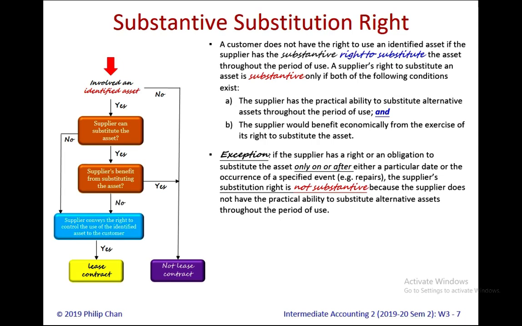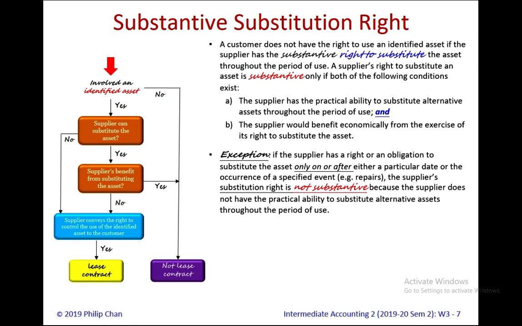Not substantive at all, because the supplier does not have the practical ability to substitute an alternative asset throughout the use period. In this case, the answer is no. And then of course we still have to consider whether the supplier would convey the right to control the use of the asset to the customer. If the answer is yes, indeed, it is still a lease contract.